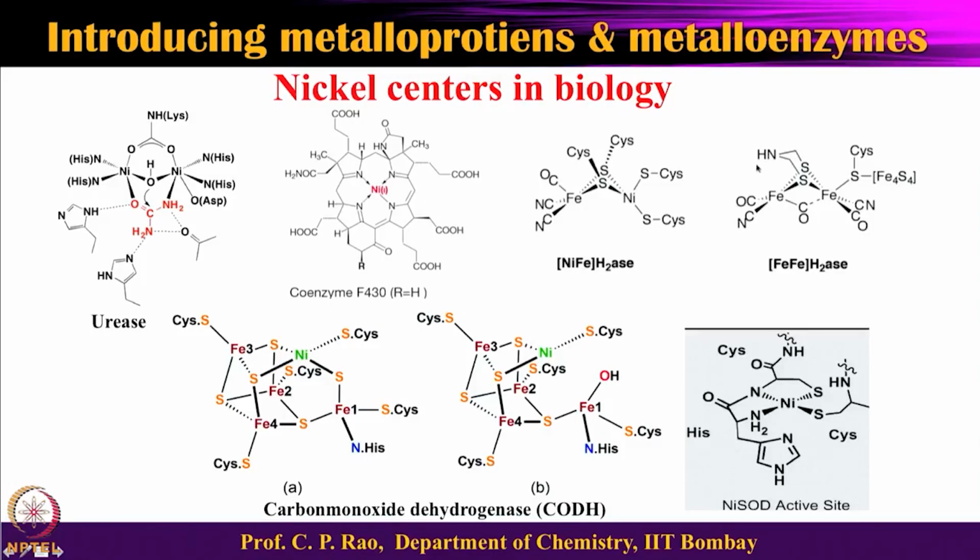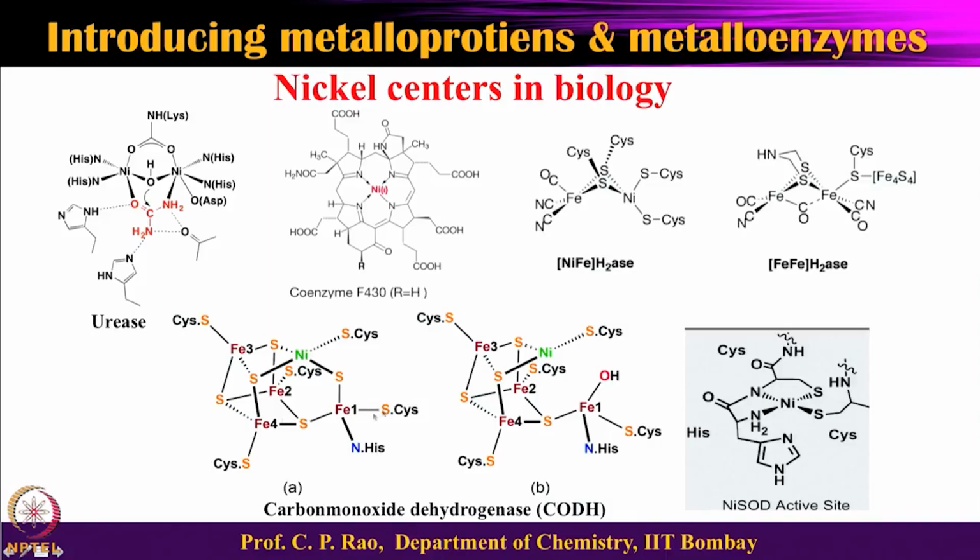So, now from this slide what do we understand? We understand that the nickel enzymes have either one nickel or two nickels or even nickel with some other kind of ions like iron, and even in a cluster with a cluster. So, this kind of a cluster is reminiscent of what you have seen in the past.